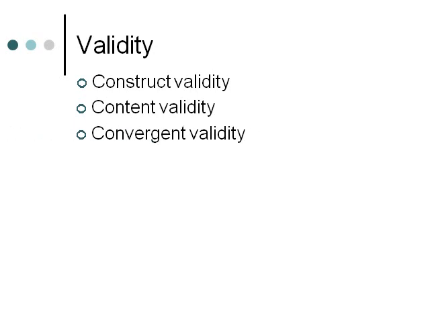Then there's convergent validity. This is looking at the degree to which a measure correlates with other measures of the same construct and with measures of other related constructs. So if you're trying to come up with a new measurement for depression, does it correlate with other people's measures of depression?